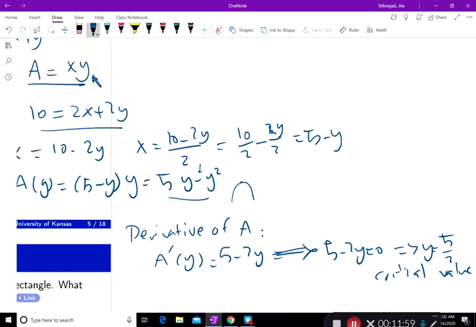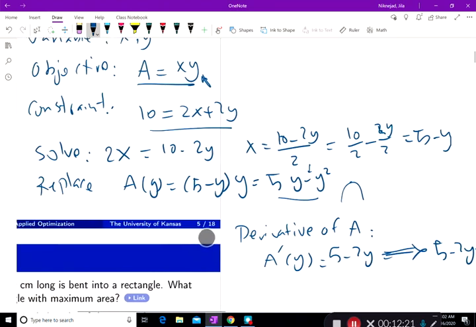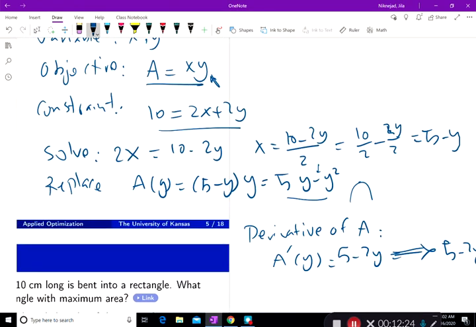And so at this point that I have a critical number, I have to decide between the closed interval method or first derivative test or second derivative test. Let's remember, what is the domain of this function? Let's go back to A of y. y cannot be more than half of the length of the wire.